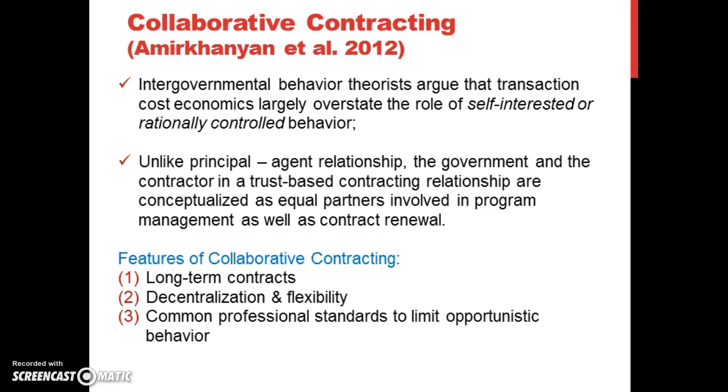To develop the trust, collaborative contracting will have such features as long-term contracts rather than short-term, decentralization and flexibility instead of intensive monitoring, and common professional standards instead of strict performance criteria.